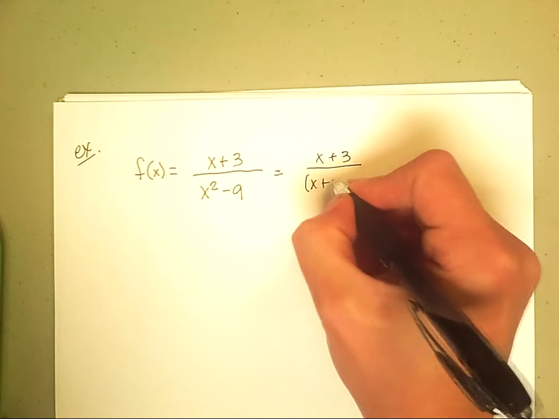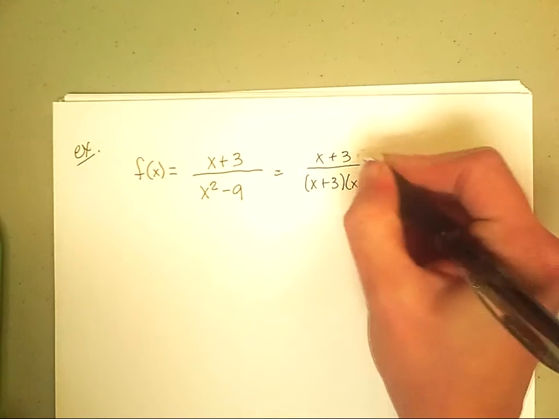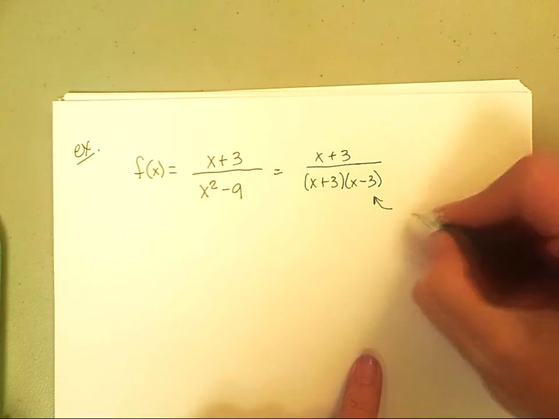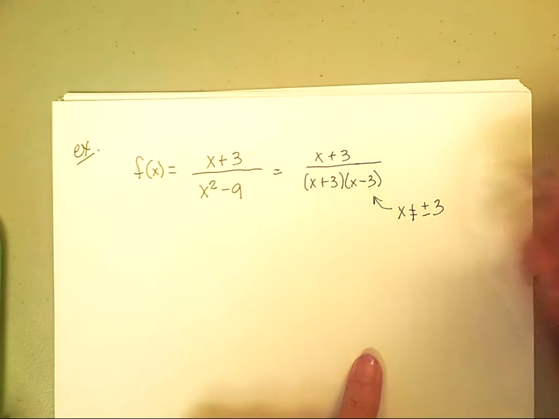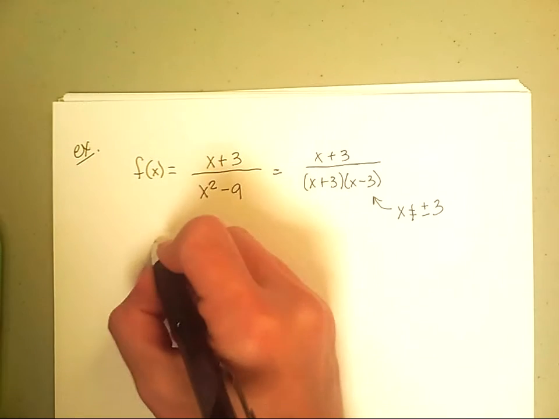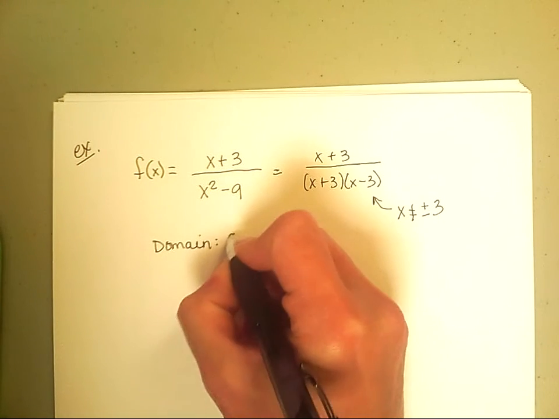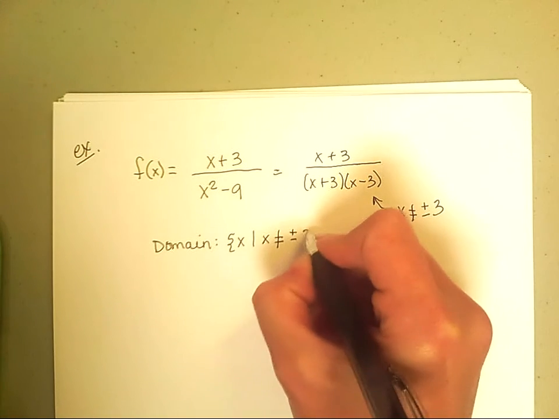The denominator can factor into x plus 3 times x minus 3. Now, this is going to get a little confusing. From here, we see that x cannot equal plus or minus 3. So the domain of this function is the set of all x such that x cannot equal plus or minus 3.